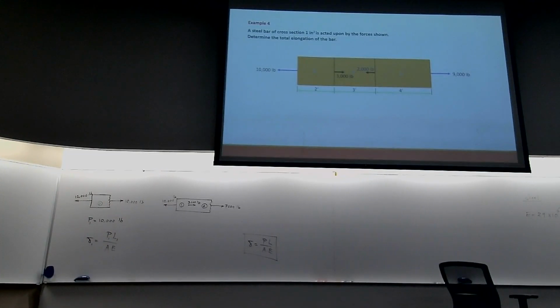I made a cut in segment 2, looked at everything to the left side of the cut all the way to the end, and made a force balance to show that segment 2 is also in tension, and the force in it is 7,000 pounds, and delta 2 would be P2 L2 divided by AE.